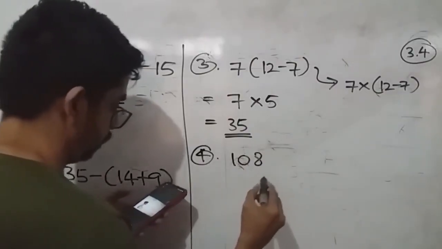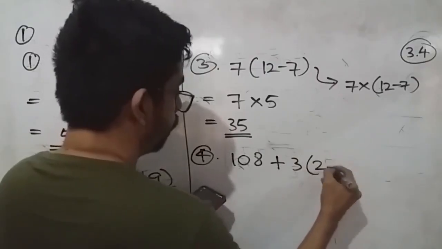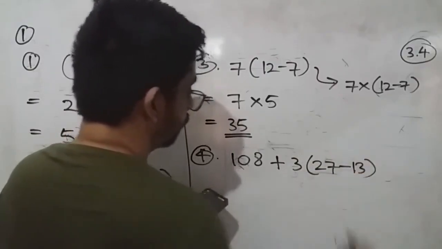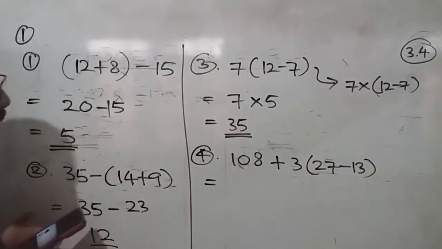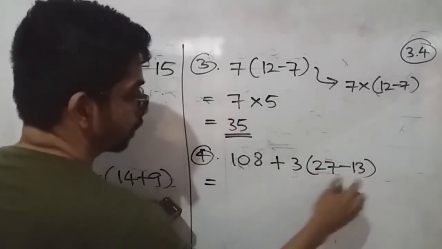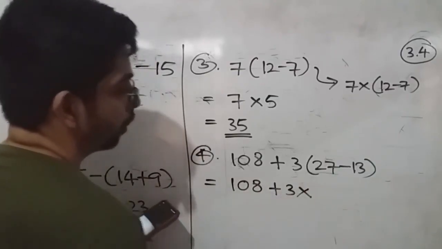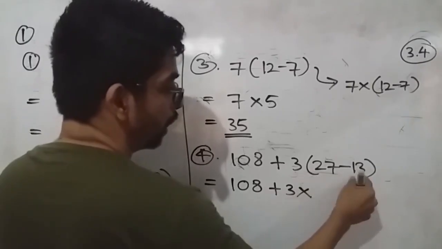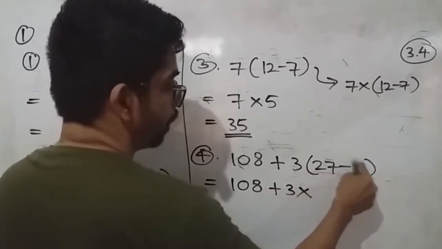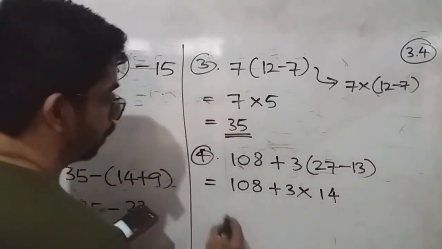Question part 4. 108, we have to add 3 times 27 minus 13, right? So first we have to simplify the brackets. So 108 plus 3 times, we have to subtract 13 from 27. 7 minus 3, that becomes a 4. 2 minus 1, that becomes a 1, right?